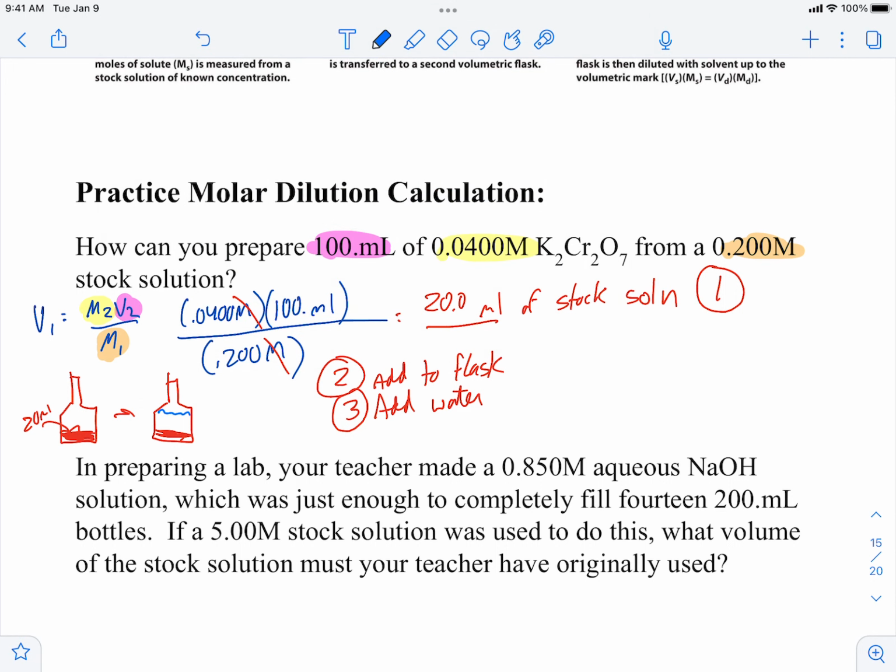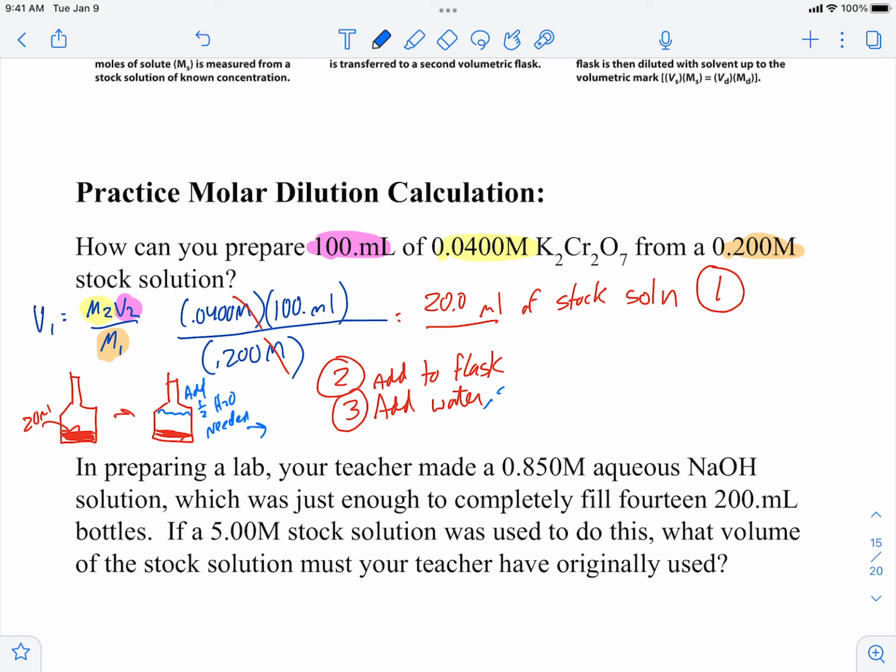Add half the water you need, because that way you can swirl this and get it to mix really well. And then add water to the line. Because if you added water to the line right away, it'd be hard to swirl because you didn't leave enough space in there to mix it.